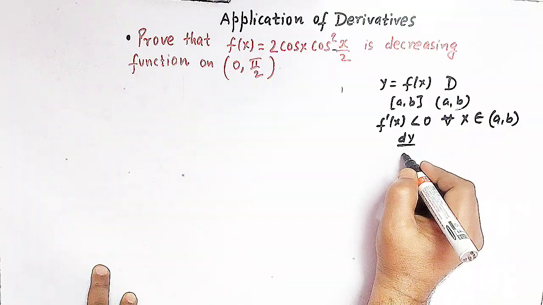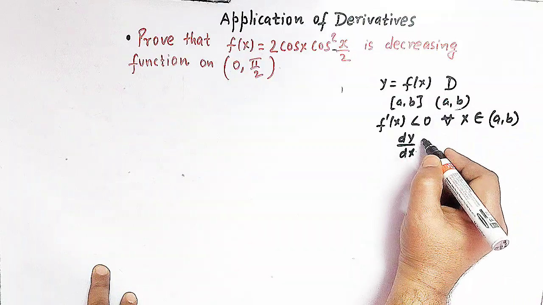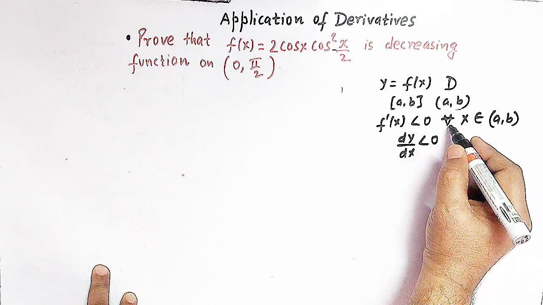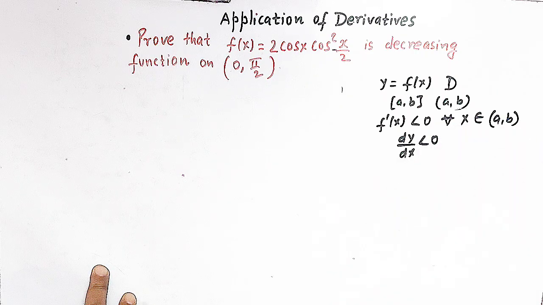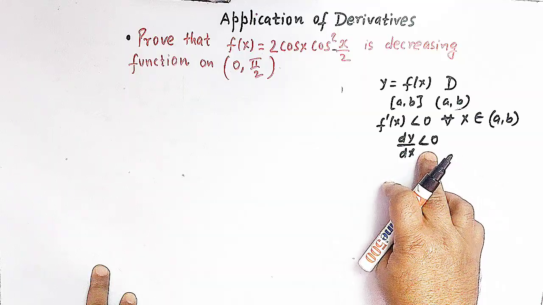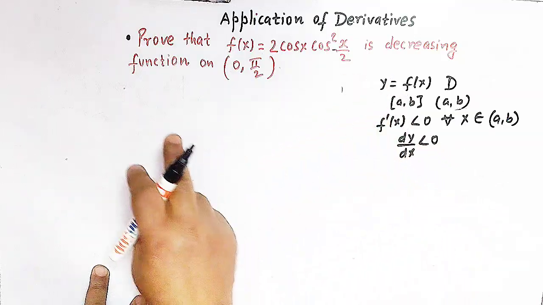So dy over dx has to be a negative quantity, or it is less than 0 for all x belonging to a comma b. So here we'll utilize this definition of decreasing function.